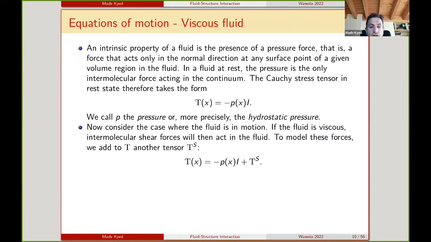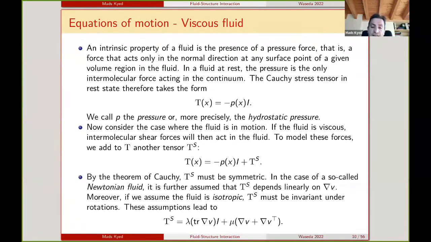Okay, so in case of a fluid in motion, additional intermolecular shear forces will act on the fluid, and to model these additional shear forces, we have to add the tensor Ts to include the shear forces.